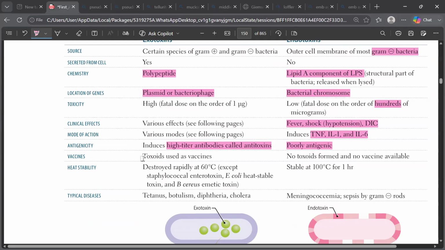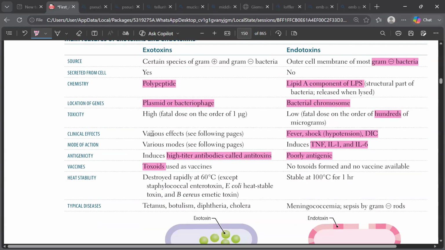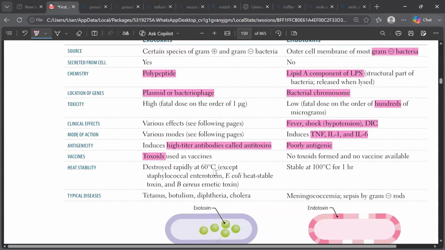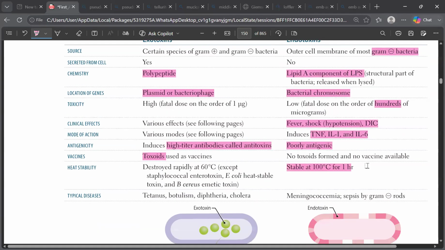Vaccines, toxoids are used for vaccines for exotoxins, and no toxoid form and no vaccine available for endotoxins. Heat stability, they are destroyed rapidly at 60 degrees Celsius except staph enterotoxin, E. coli heat stable toxin, and B. cereus emetic toxin. And endotoxins are more stable, and they're stable at 100 degrees Celsius for an hour.